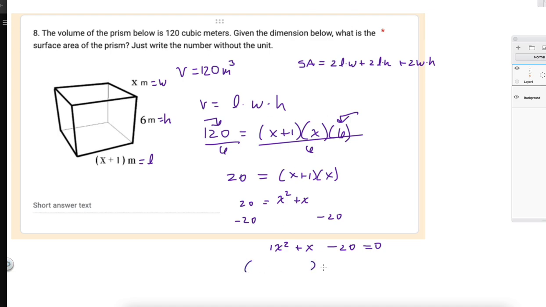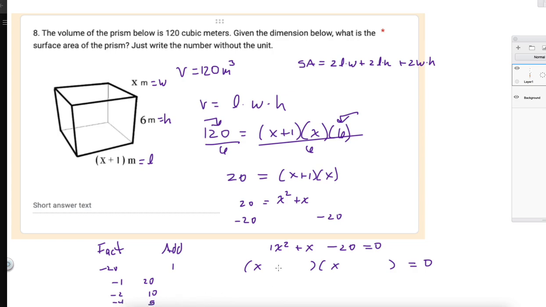And so now I need to write my binomials. The first term in each binomial is going to be x. And the next terms are going to be the factors of negative 20 that add to the middle term, 1. So we've got negative 1 and 20, negative 2 and 10, negative 4 and 5.